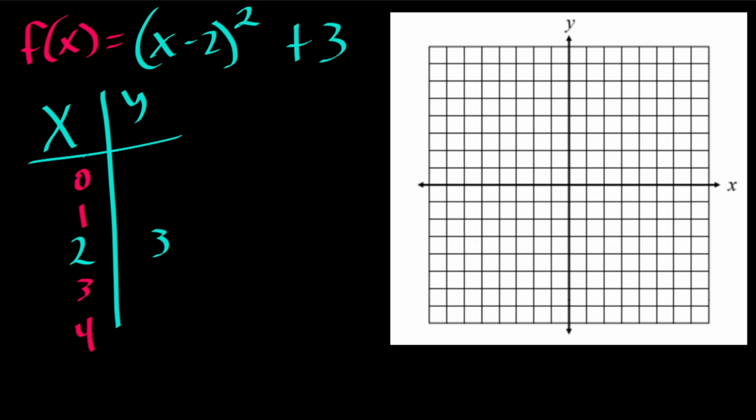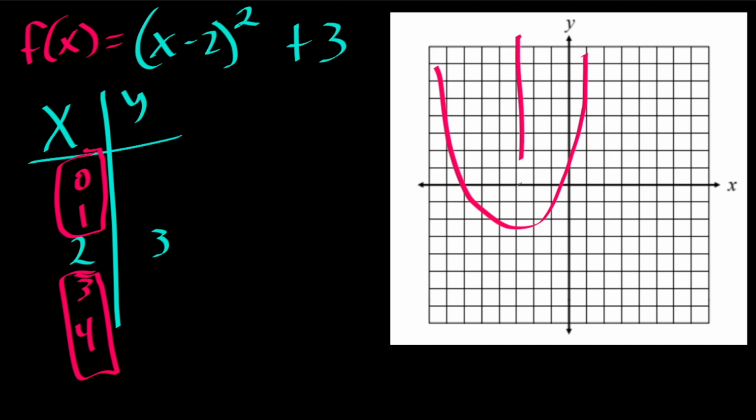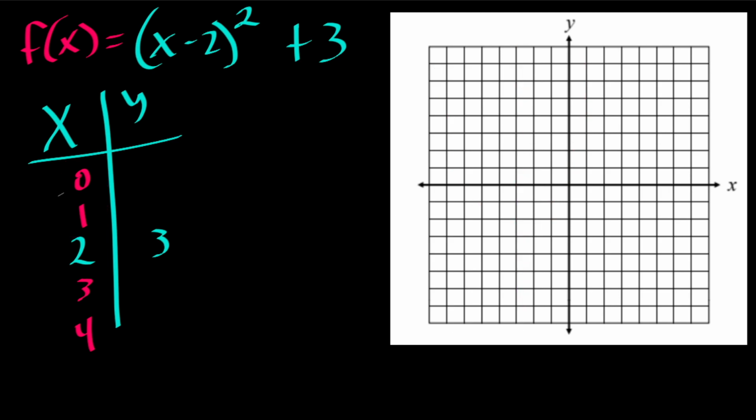Now, the good thing for you is, if you find 2 lower than 2 or 2 higher than 2, they're going to be the exact same because a parabola is symmetrical. That means if I were to draw a parabola, I could split it down the middle and it's going to be equal on both sides. So the good thing about that is I only really need to plug these two in.